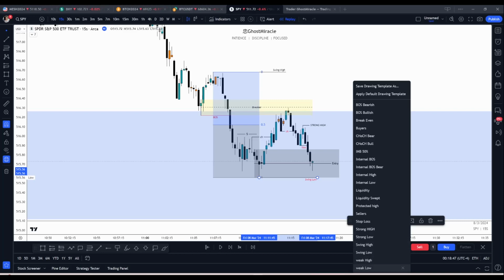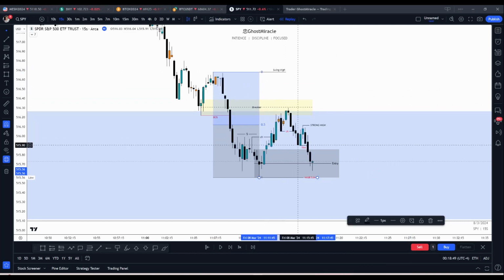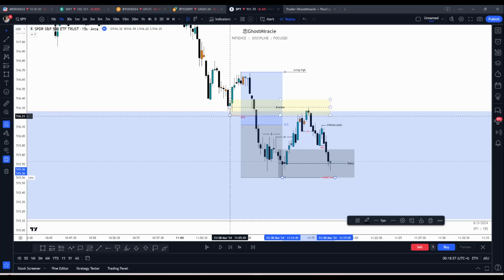So in that sense, that makes this a weak low. As soon as you start getting this pullback and it didn't break this high, this is a strong high, weak low. Because price broke this low that created it. So this is a protected high. But price failed to break this high that created this overall low.